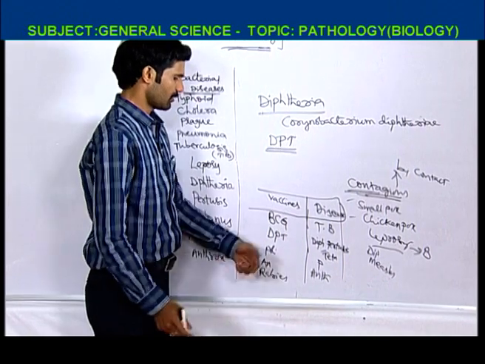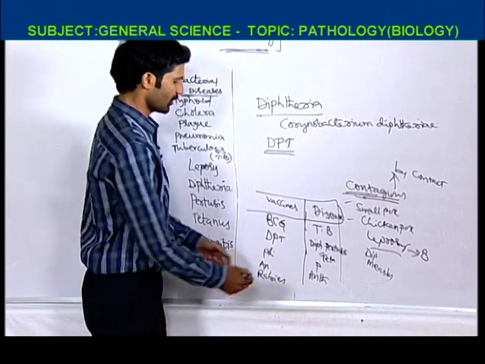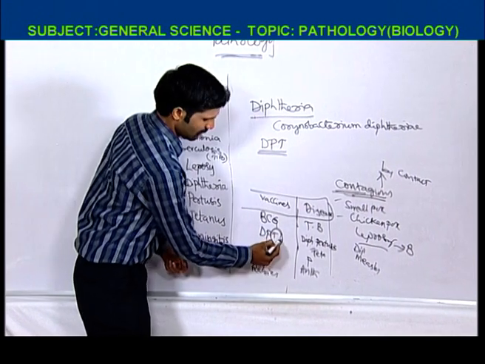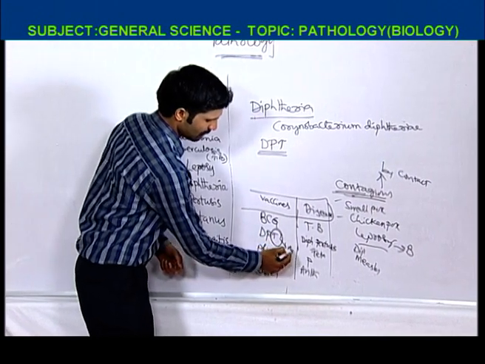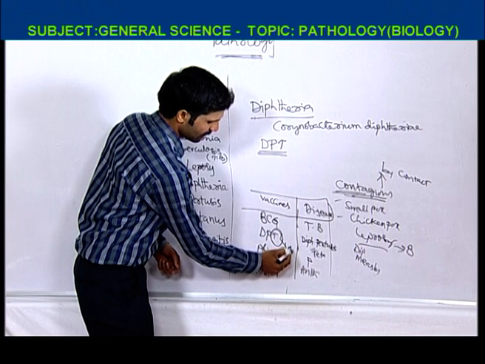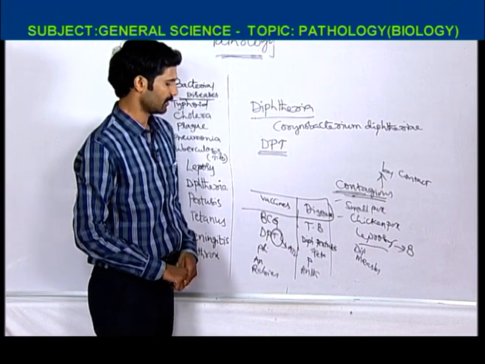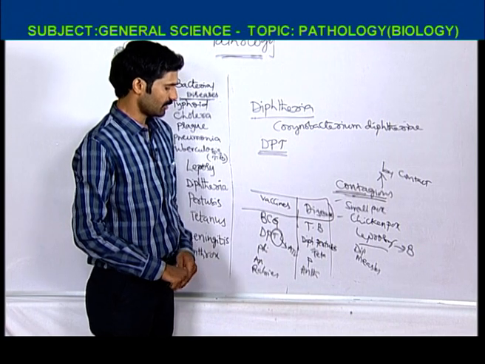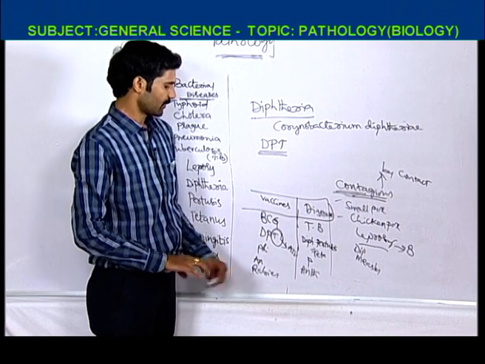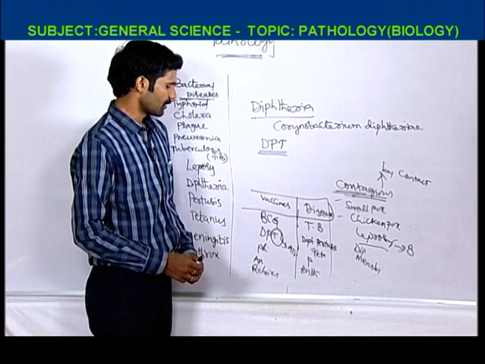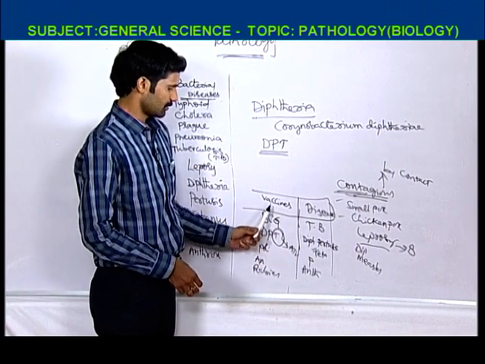There are different types of diseases, and particularly for tetanus there is a vaccine called ATV, the anti-tetanus vaccine. These are important vaccines related to some diseases.